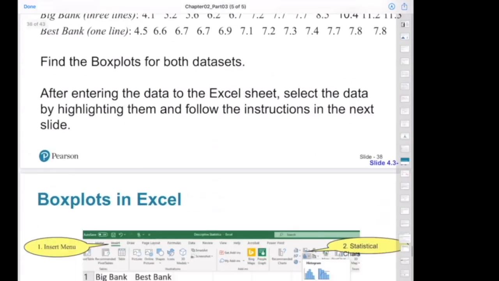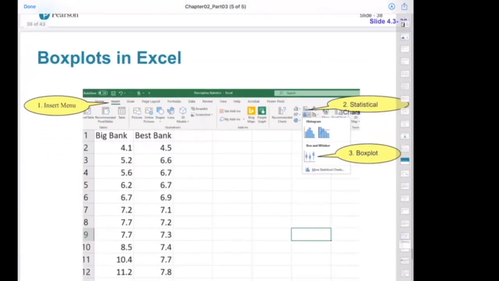All you need is to go to Insert, then this icon or Statistical. If you remember, we used the histogram, this one. We used the Pareto chart, and now the last thing is the box plot, as you can see here.